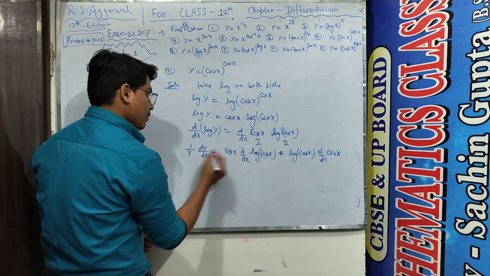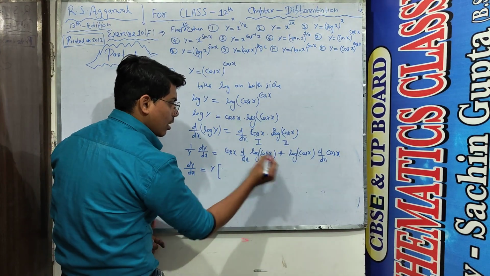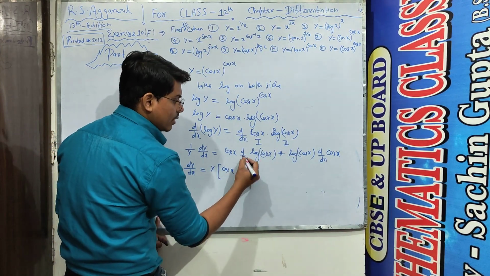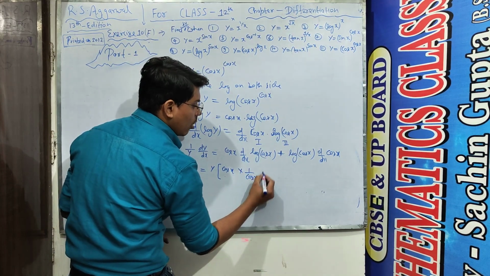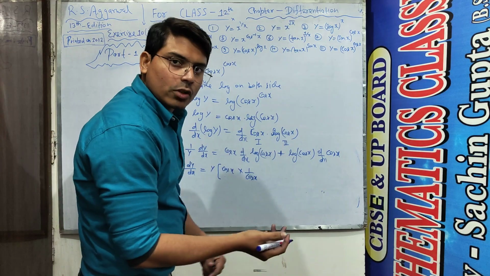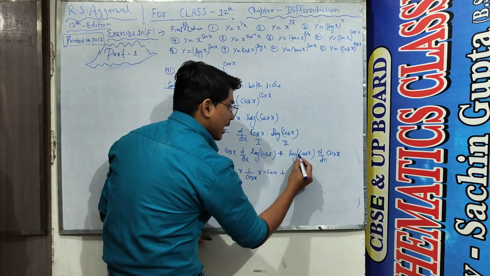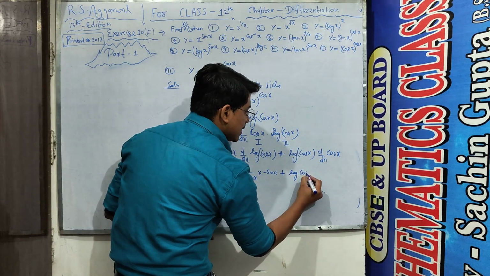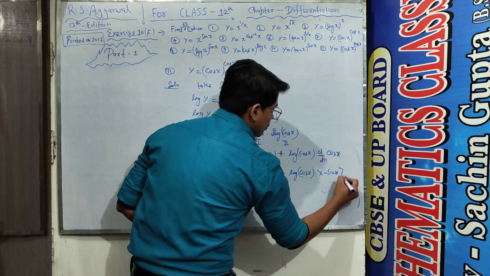And this y goes on the right hand side in multiplication. Then it becomes cos x, and the differential of log cos x is 1 upon cos x, and we differentiate cos x again by applying the chain rule, so it becomes minus sin x, and this log cos x I write as it is, and the differential of cos x becomes minus sin x.